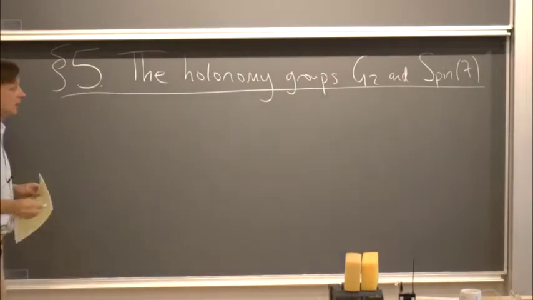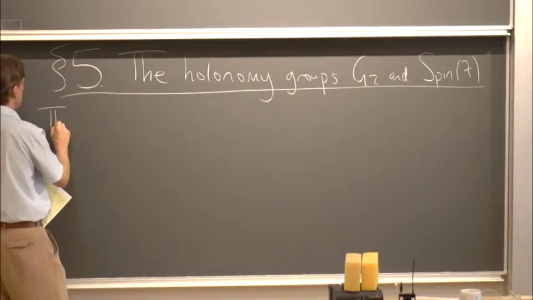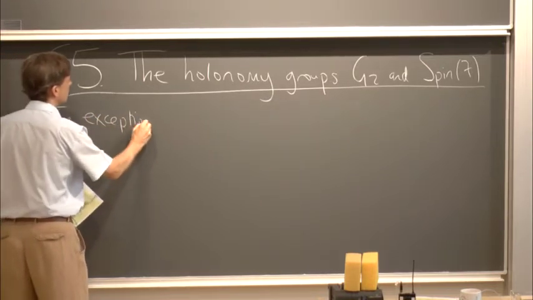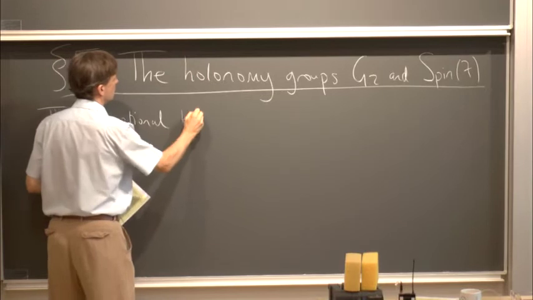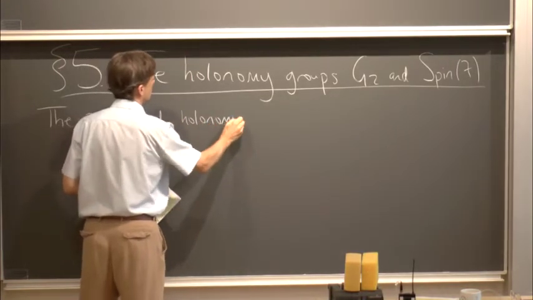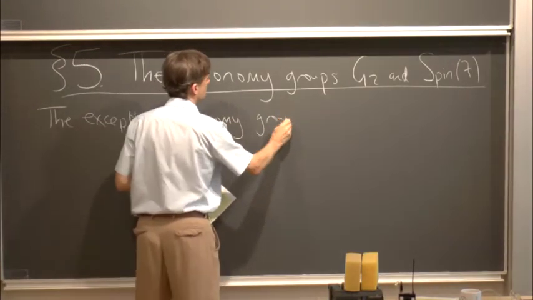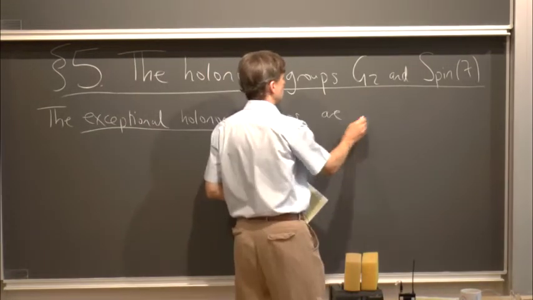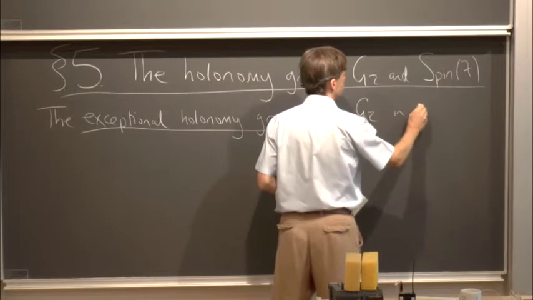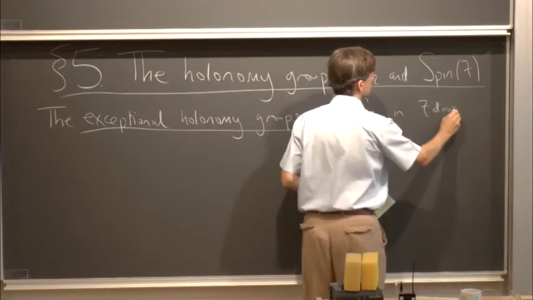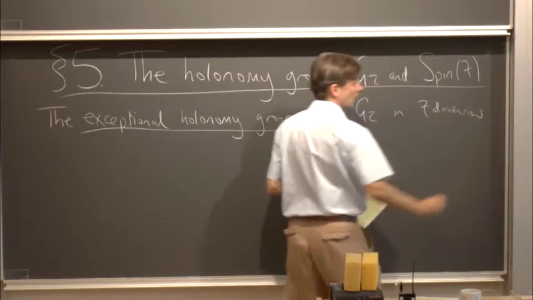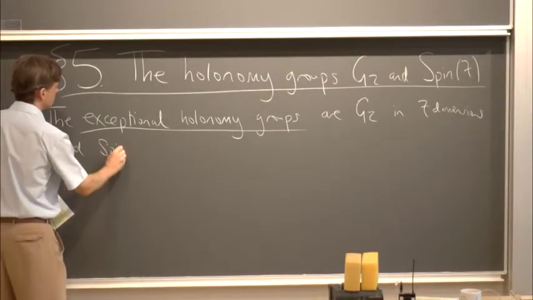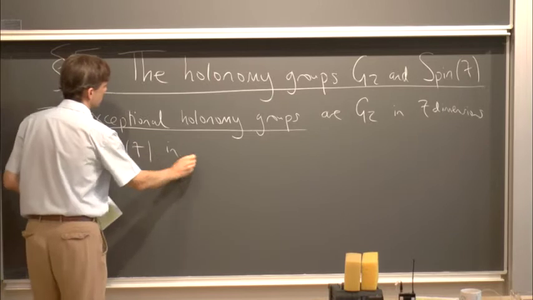Okay, so these are called the exceptional holonomy groups. They are G2 in 7 dimensions and spin 7 in 8 dimensions.